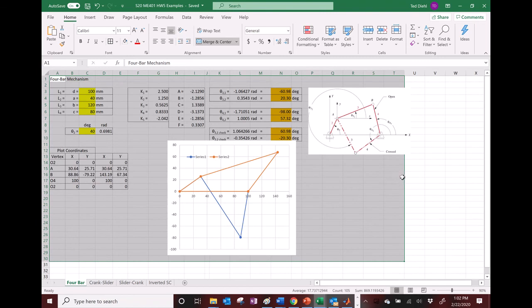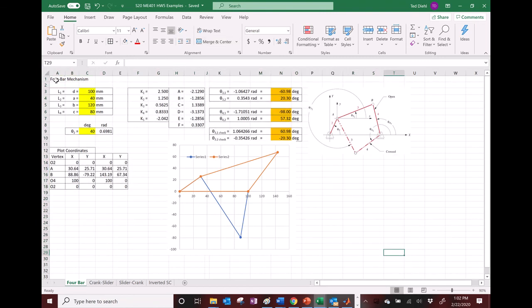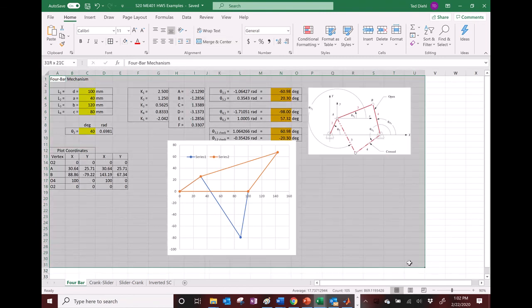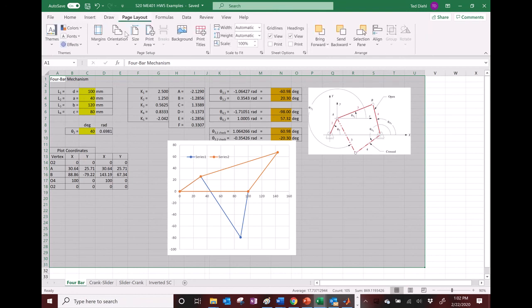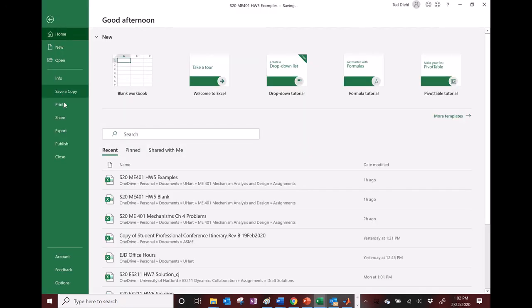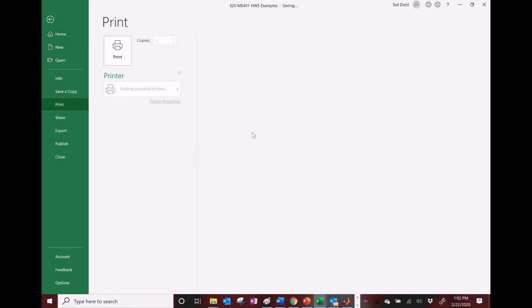Yeah, so to print this out nice and neatly, I think it'll be big enough. Now you might want to put your name on the top of it here. But we go to print layout here and go to print area, set print area. Come to print right here.